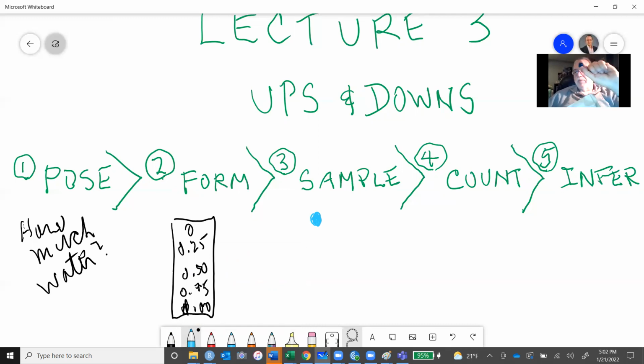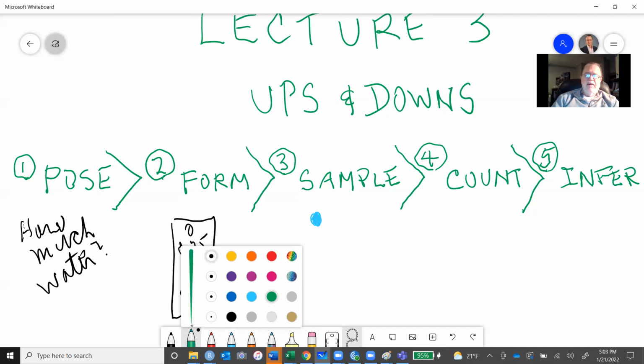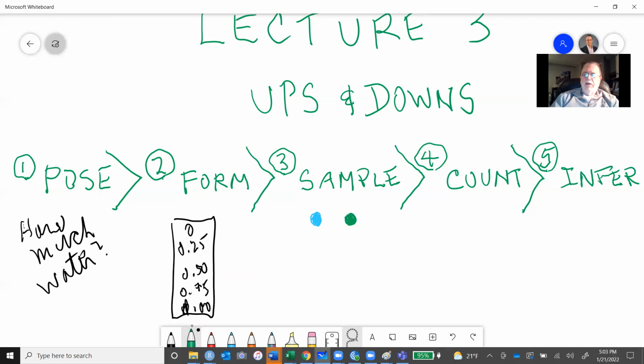There we go. So we're actually using even more abstract, it's pretty physical, but it's a representation again of what is going on. And green. So we did this kind of a sample.